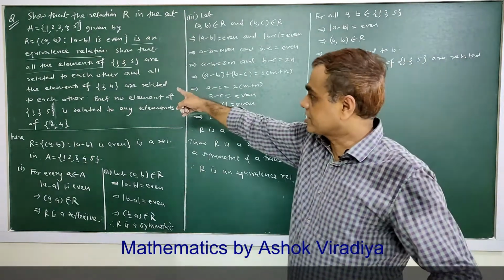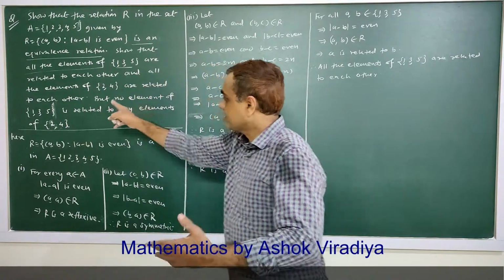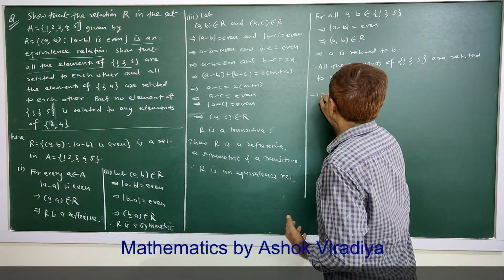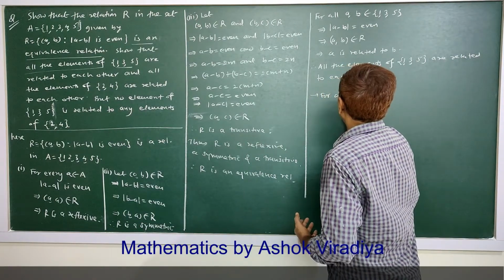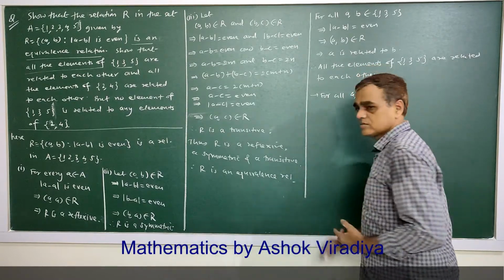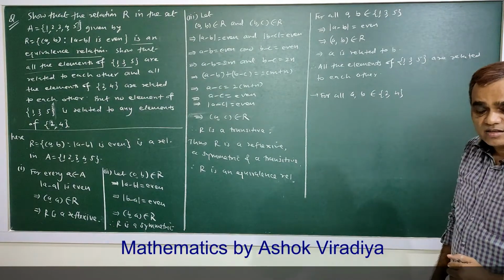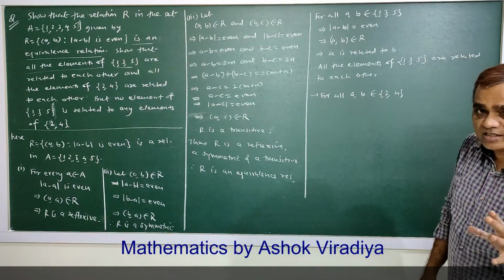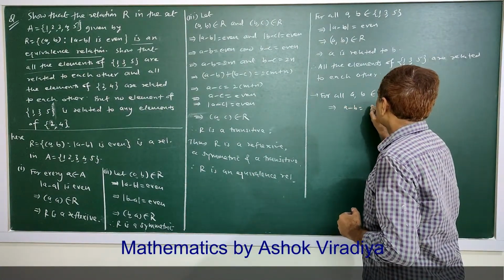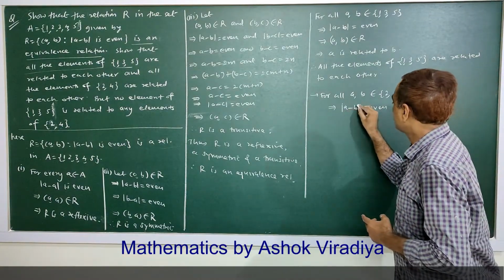Now, next, show that all the elements of {2, 4} are related to each other. Now, discussion for {2, 4}. For all a, b belonging to {2, 4}, if both numbers are taken from this set, then both are even. If both are even, that means even minus even is again even. So their modulus is also even.